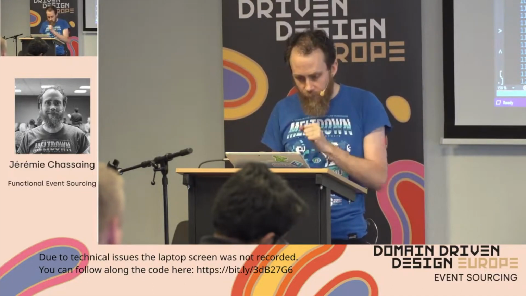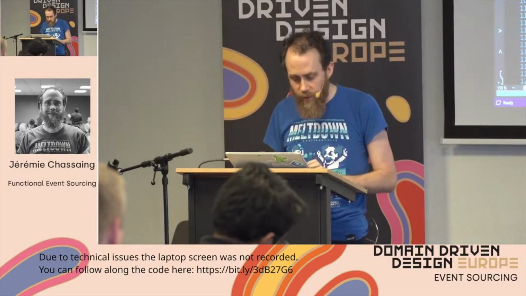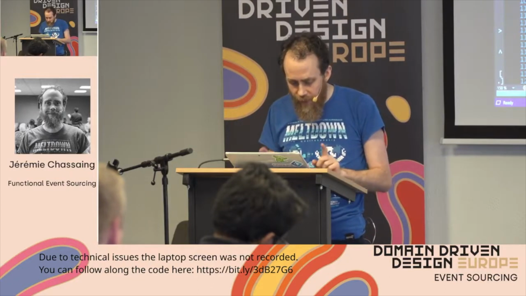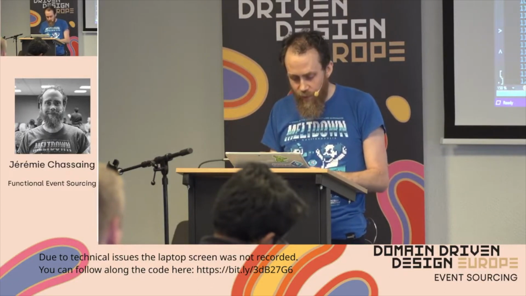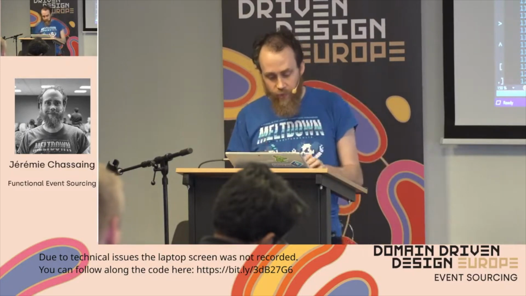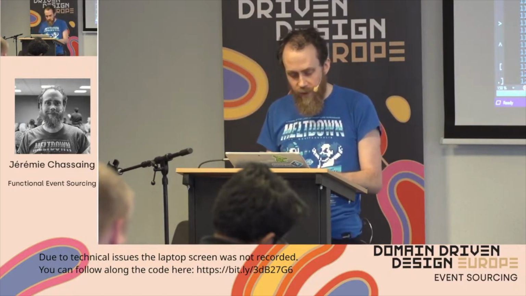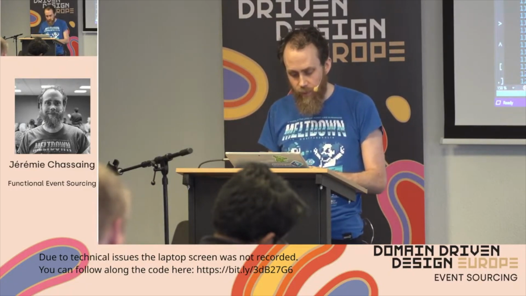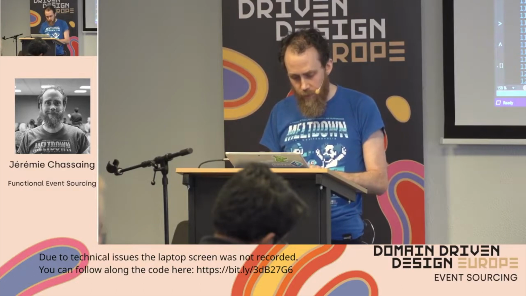I create a function that takes a command. And the first thing I will do is load my current state. We'll do store dot load, and I will just need the name.